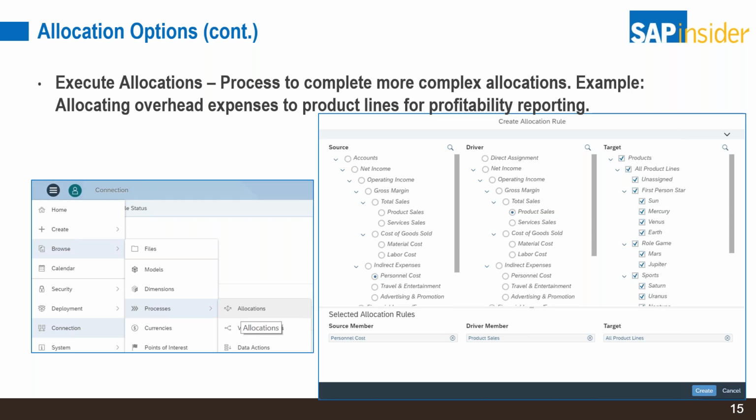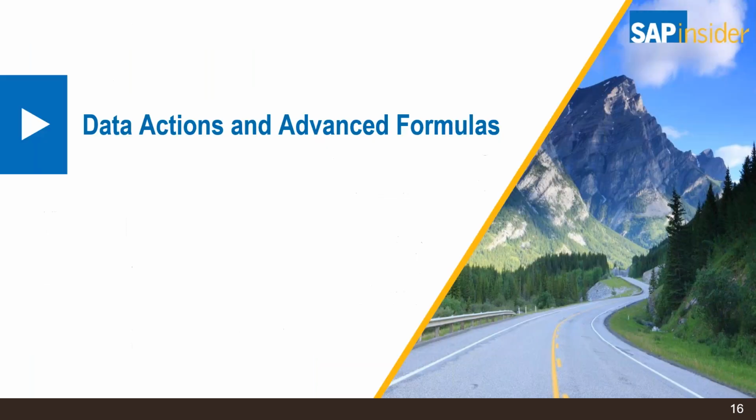That's what the allocation process actually does. That's a built-in engine in the Analytics Cloud tool that allows you to get far more granular and flexible as we talk about allocations.